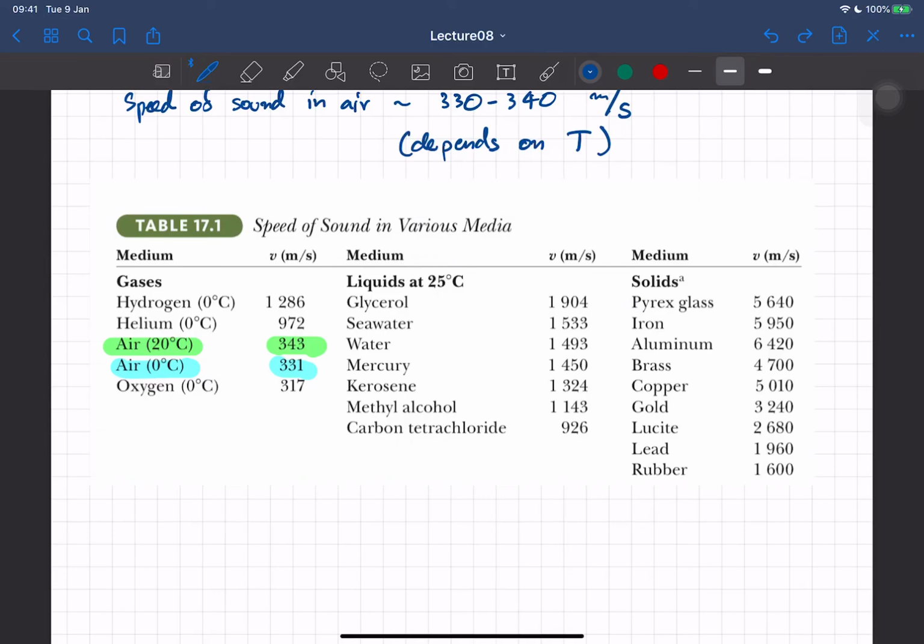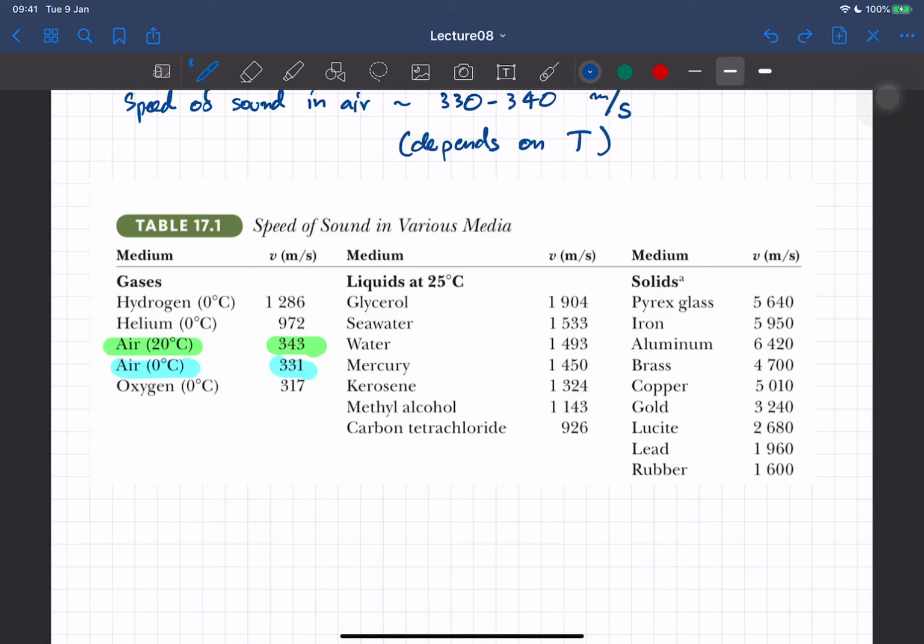For example, if you have metal, it's about 5,000, 6,000 meters per second. But if you have really soft material, like rubber here, then it's going to be lower. But it's a little bit hard to predict, given the material, what the velocity of sound is, and it depends on the structure of the material itself, which is really hard to calculate.